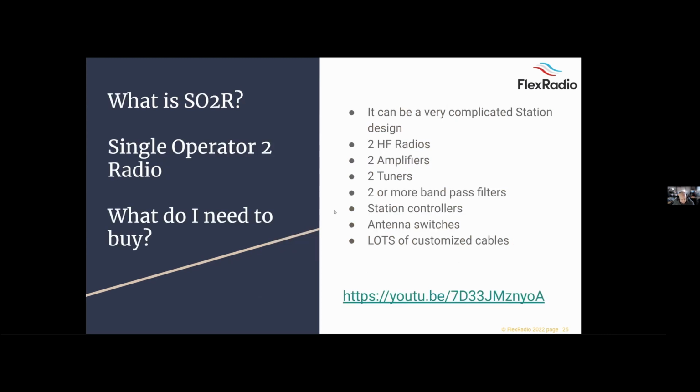SO2R is another big feature. Single operator 2 radios means that you virtually have 2 radios, 2 amplifiers, 2 tuners, 2 or more bandpass filters, station controllers, antennas, and lots of customized cable.